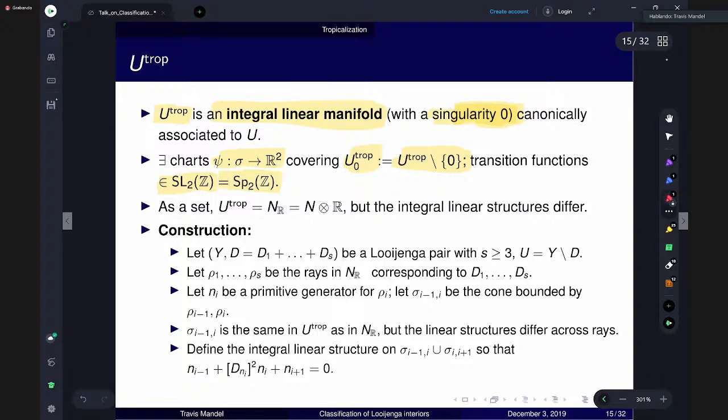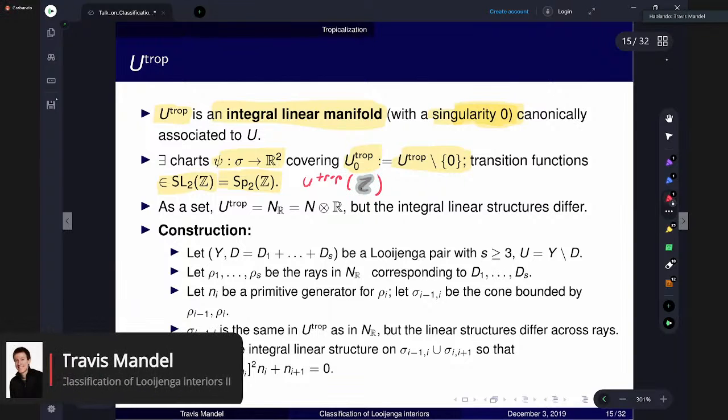And one nice property of this is you could talk about U trop of Z. There are well-defined integer points in U trop. So you just take psi inverse of Z squared.